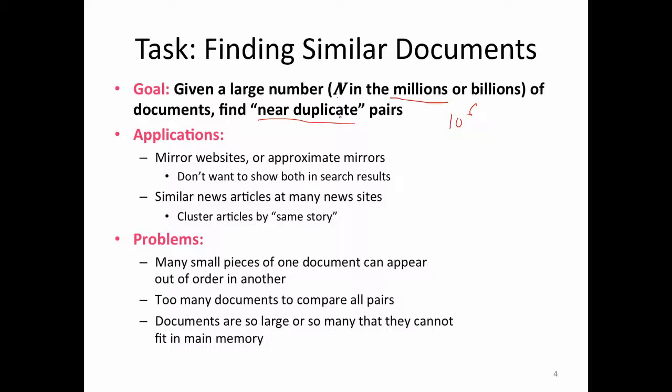So what are the applications where this problem needs to be solved? One is, for example, mirror websites. Let's say you are running a web company or a web search company, something like Google, where you are crawling the web or displaying web search results.